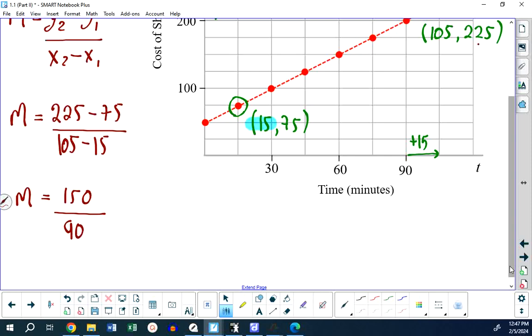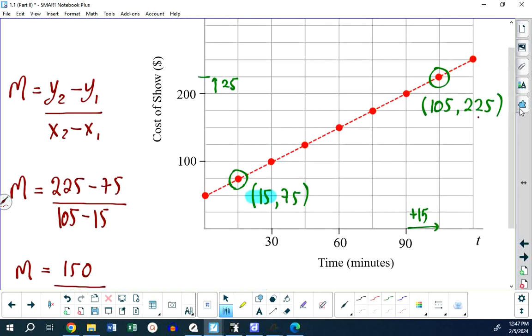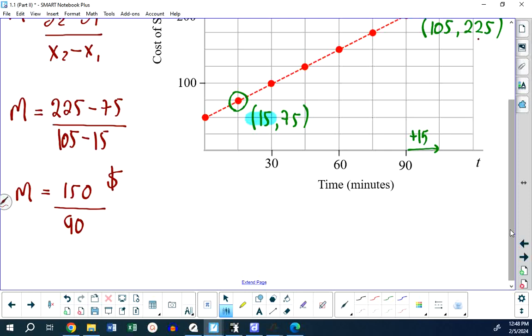Now, what is that 150? 150, like banana daiquiris? 150 lizards? 150 what? Alexa, what are the units of that rise? So what are we measuring here this way? It's dollars. And what are we measuring horizontally? Minutes. So this is going to be dollars per minute.